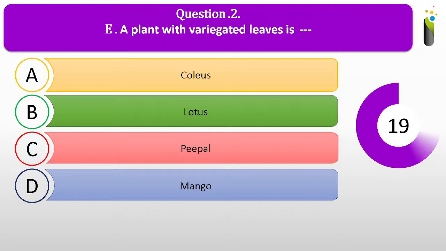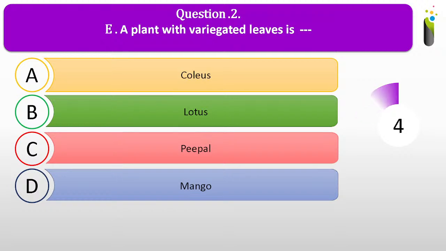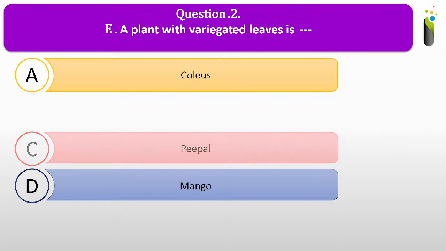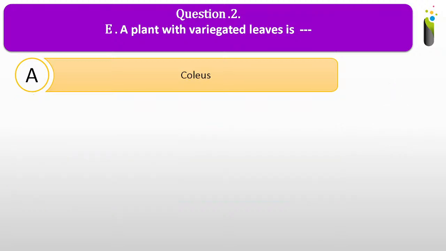A plant with variegated leaves is dash. And the correct answer for this question is Coleus. So Coleus is a plant with variegated leaves.